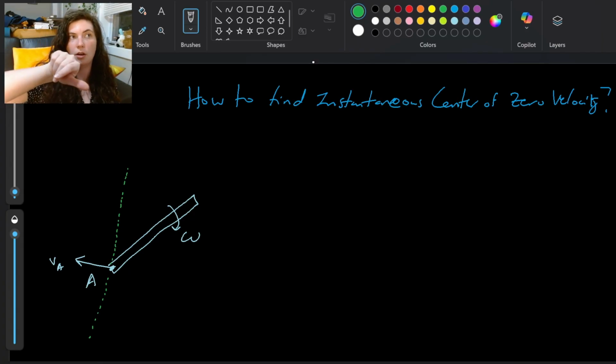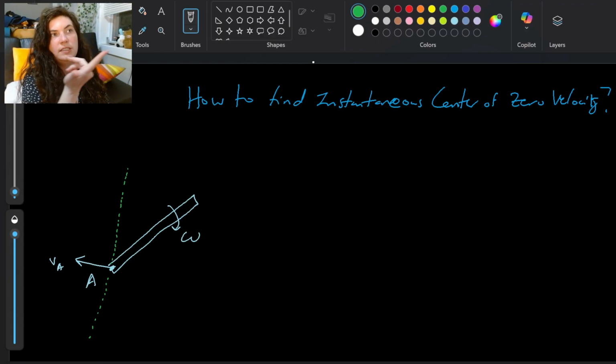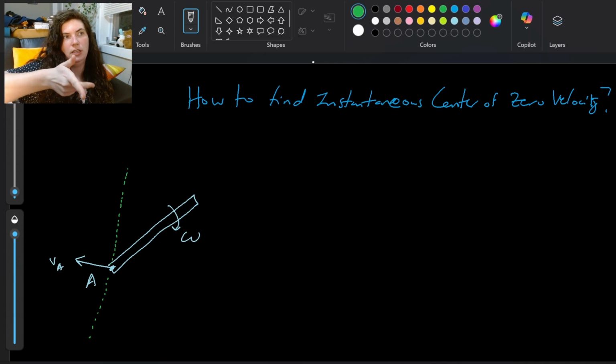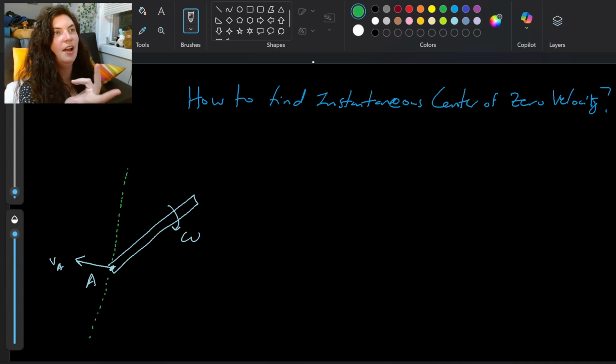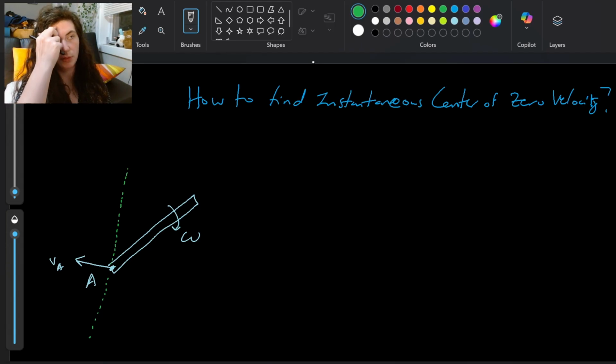So I know I'm going clockwise into the page, and then my middle finger is going to point in the direction of my velocity VA. So for my instantaneous center of zero velocity, it's actually going to be beneath.